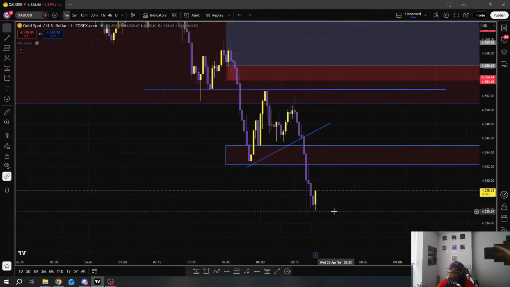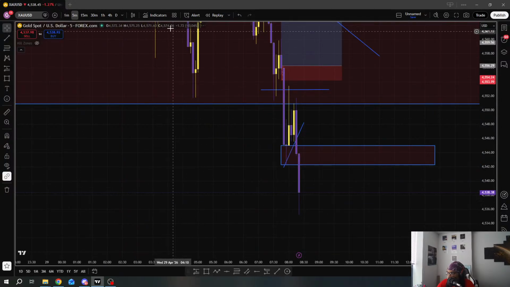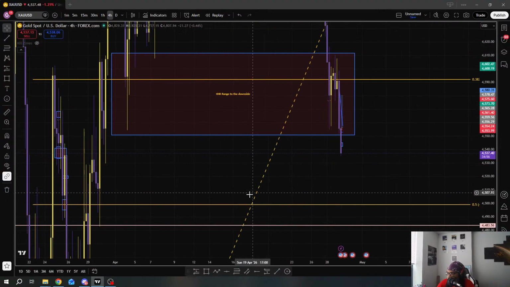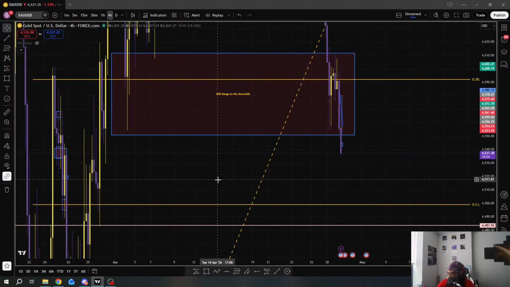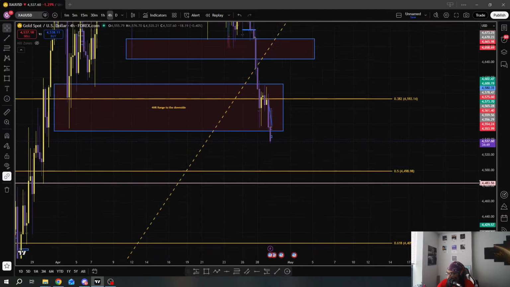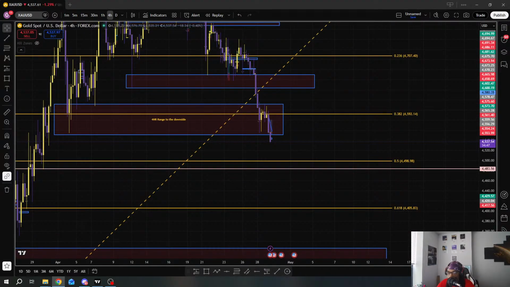Nice little zone. Where are we selling off to, though? Are we selling off back down to these lows? That's my question. Where are we going to sell off to?